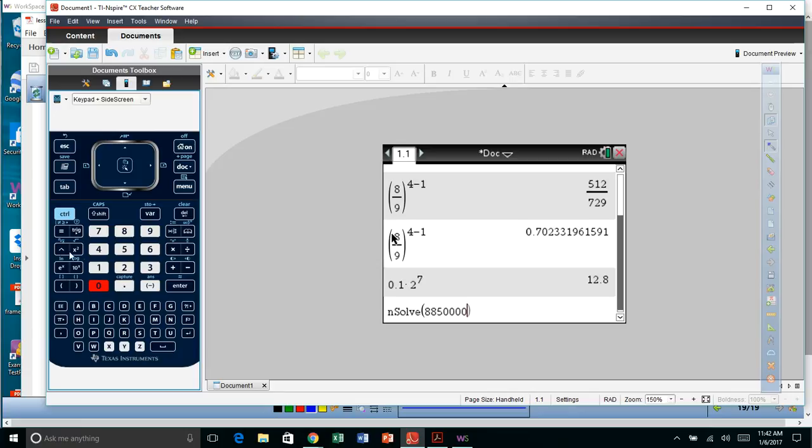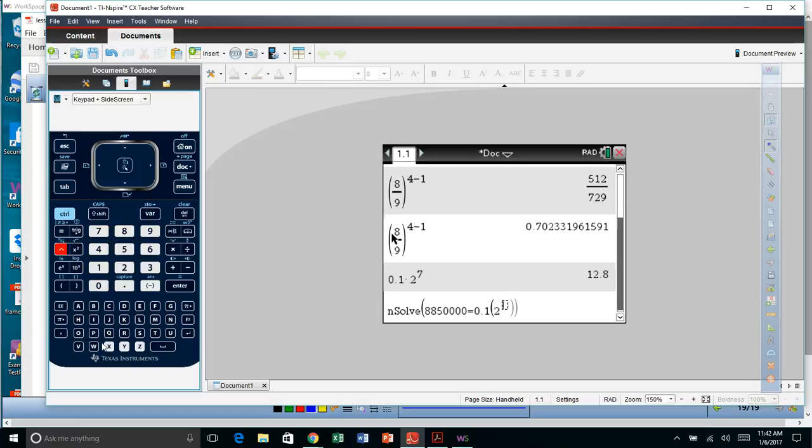Equals 0.1 times 2 caret n, then comma n, don't forget that, since this is an n solve.